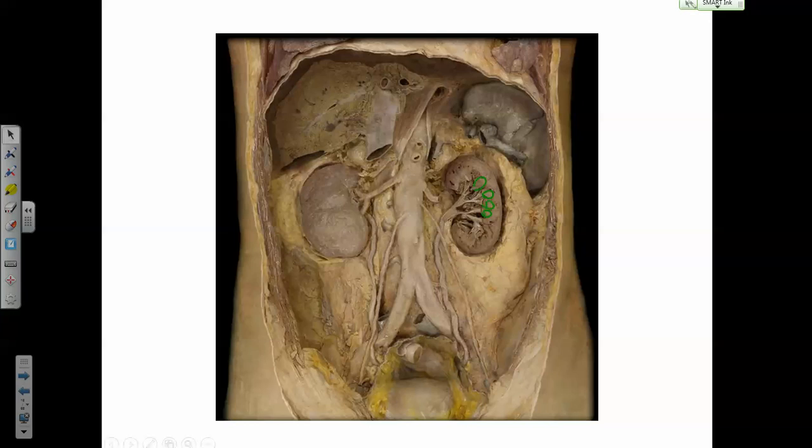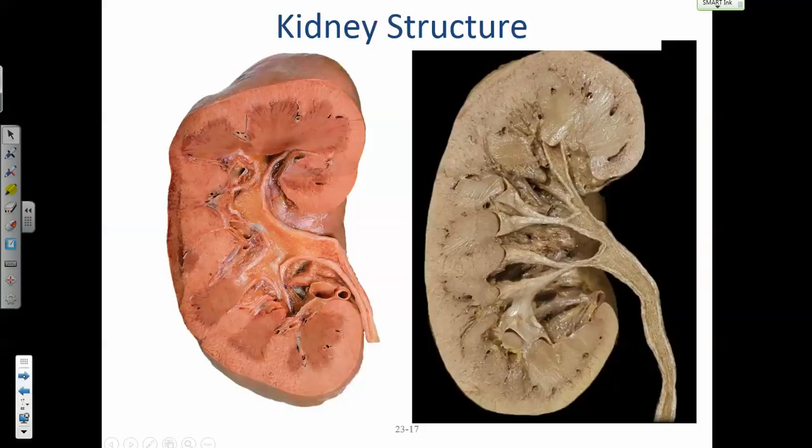You can see major and minor calyces, cortex. All right, as you can see there. So those are good to study. You may not have those pictures in your notes. They're coming from a cadaver site that we can utilize. But those are good. I know you can't see it well in your notes, but you can go home and look on your computer screen and see that large if you want to.